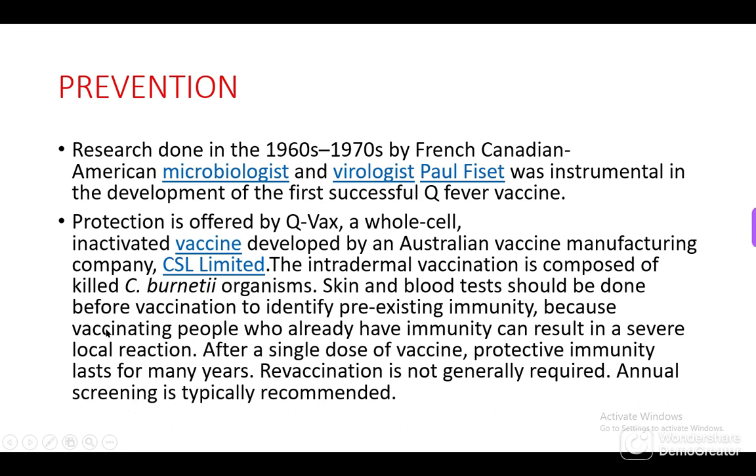The intradermal vaccination is composed of the killed Coxiella burnetii organisms, and the skin and the blood test should be done before vaccination to identify pre-existing immunity, because vaccinating people who already have immunity can result in a severe local reaction. That is why you have to do the IgG and IgM of these people against Coxiella burnetii. After a single dose of vaccine, protective immunity lasts for many years. Revaccination is not generally required.